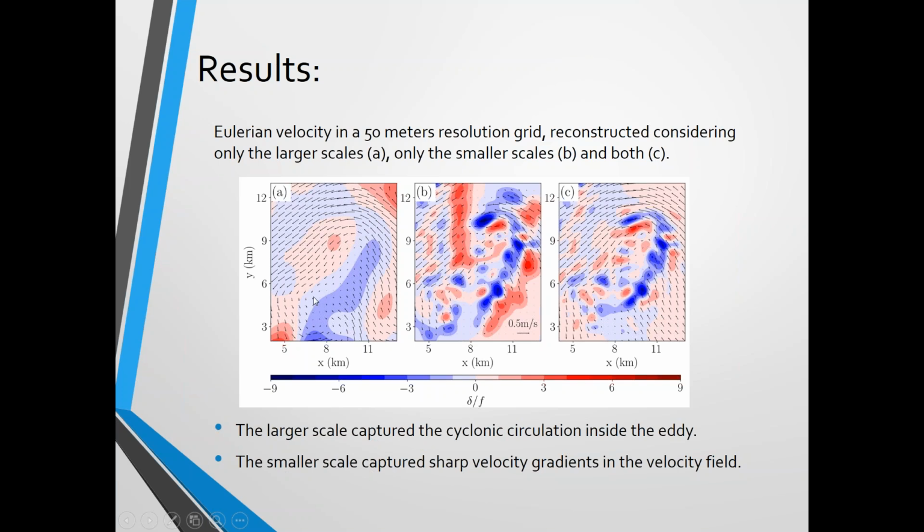So here I have an image of the horizontal divergence with the velocity vectors. Blue indicates convergence, and you can see that the larger scale gets the broader cyclonic pattern of the eddy, while the smaller scale captures strong velocity gradients. And combining them both, I obtained a smoother eddy, but with sharp velocity gradients inside.